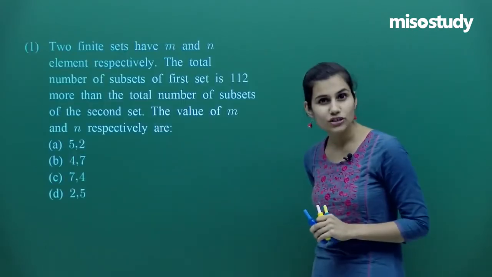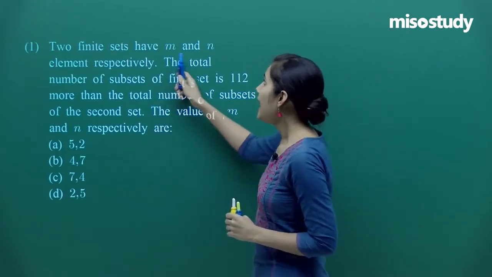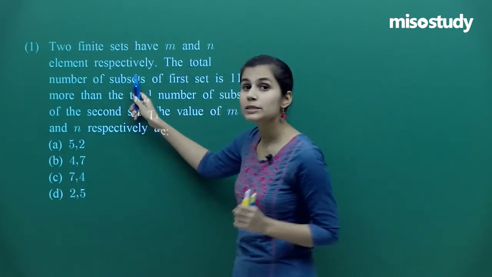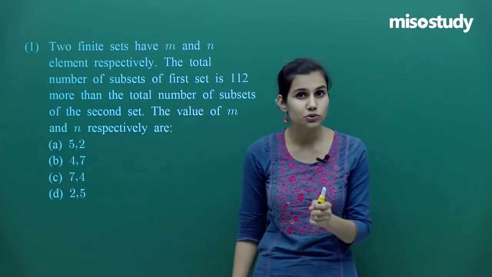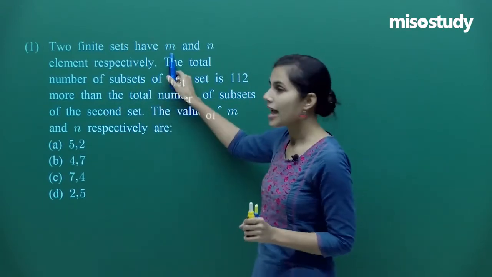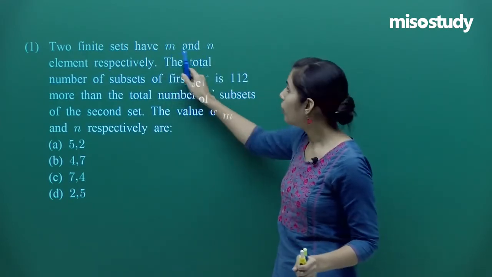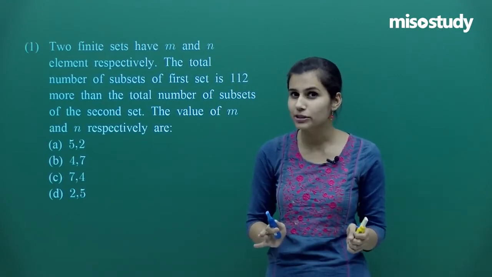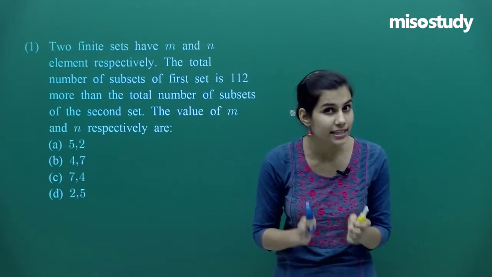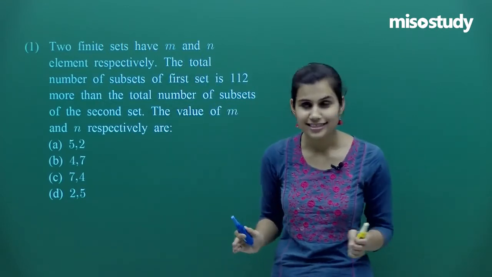The first question says, two finite sets have m and n elements respectively. That means the first set has m elements and the second set has n elements. Both m and n are natural numbers and therefore both the sets are finite sets, whereas m and n are their cardinalities.